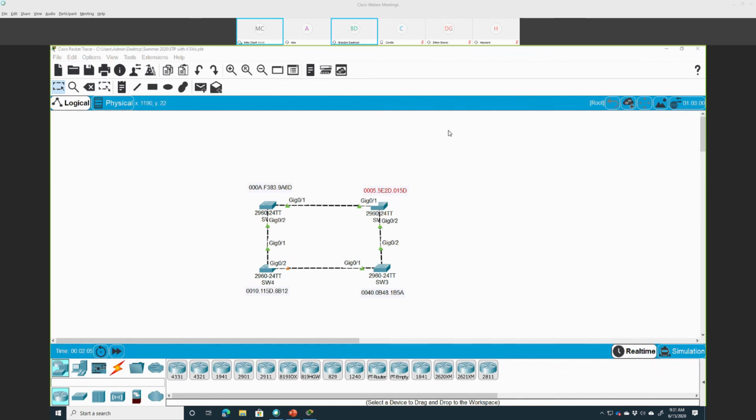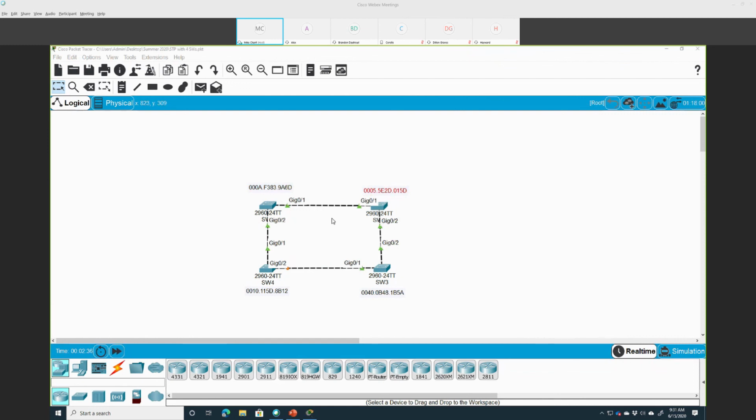That's why I put all the MAC addresses for each switch right here. The BID consists of two things: the priority value, which by default is 32768 on all the switches, and the MAC address. That's what makes the BID, the bridge ID.